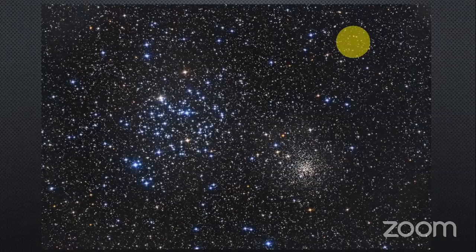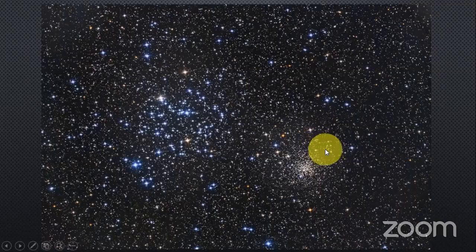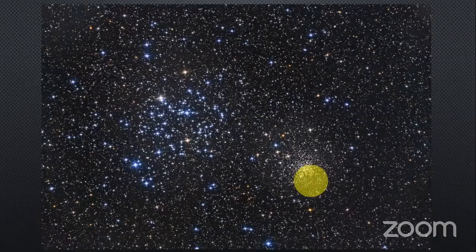They probably do not have any relationship. But for star clusters, they are born approximately at the same time. They could differ by just a few million years.